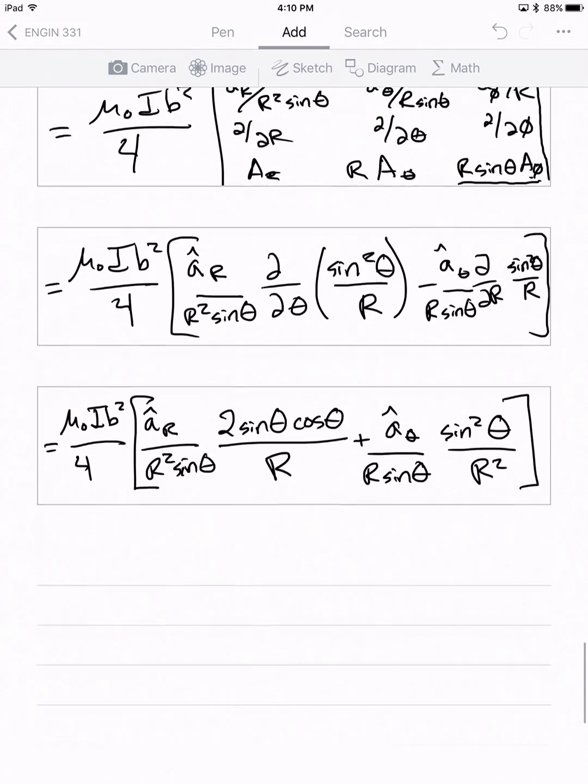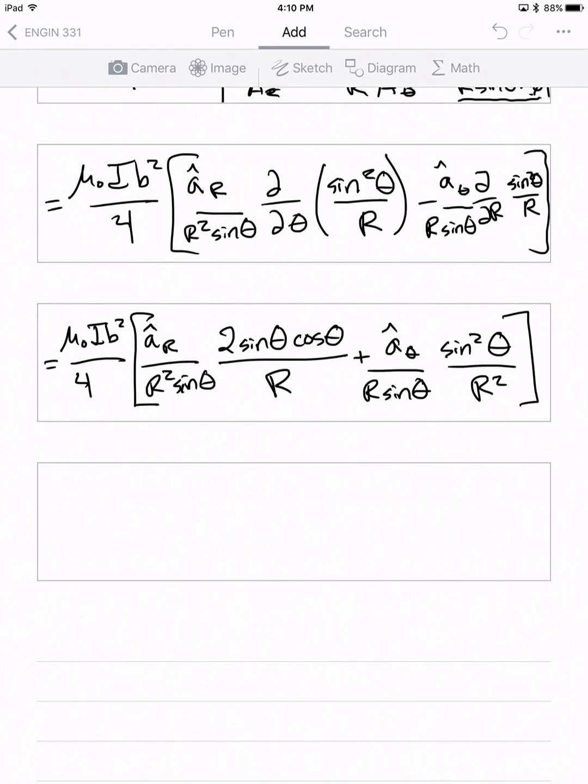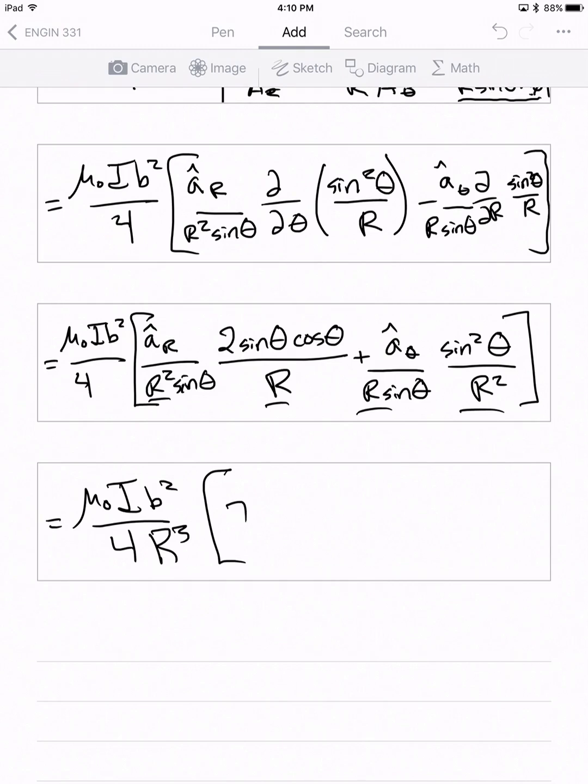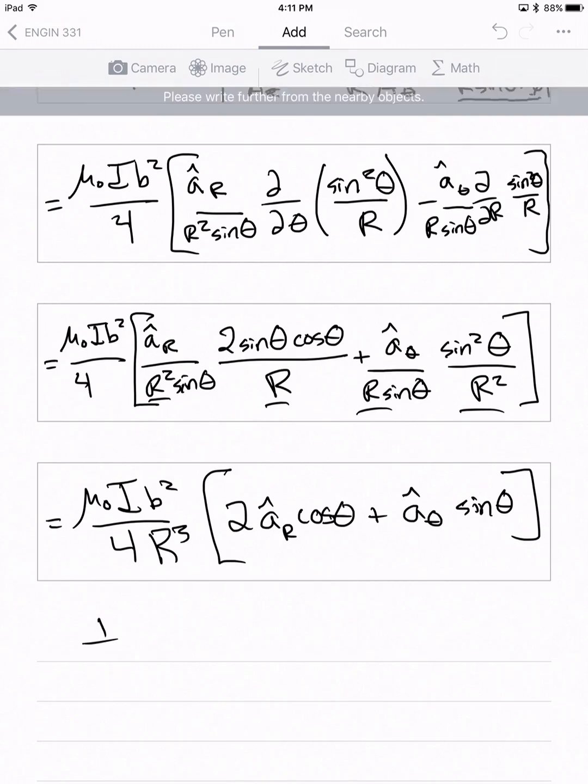Now, simplifying and adding all the important bits together, the parts that match, we end up with mu naught I b squared over 4 r cubed. Both terms end up with r cubed dependence. There's an r squared times an r and an r times an r squared there. And that is multiplied by 2 a hat r cosine theta plus a hat theta sine theta. Okay, so key things here.